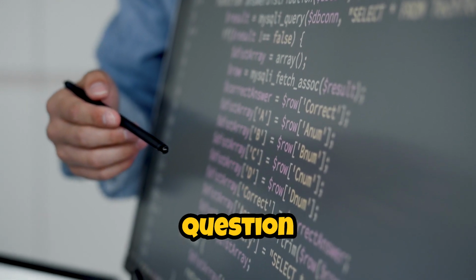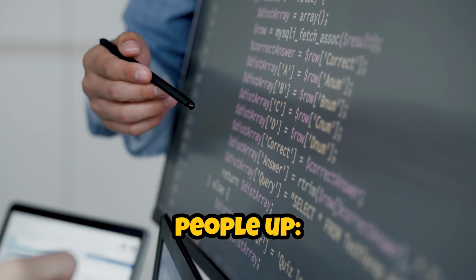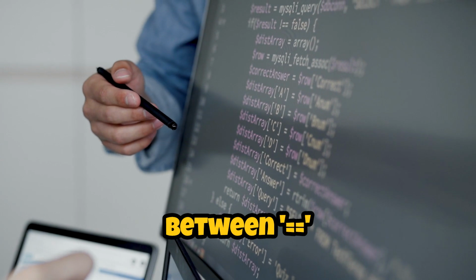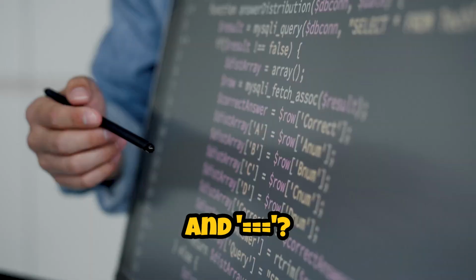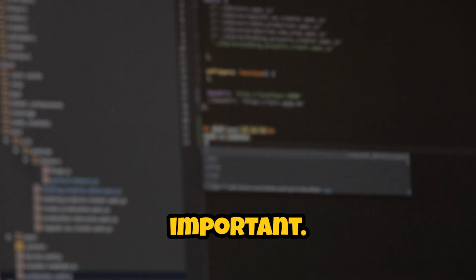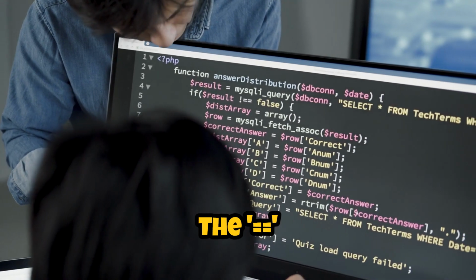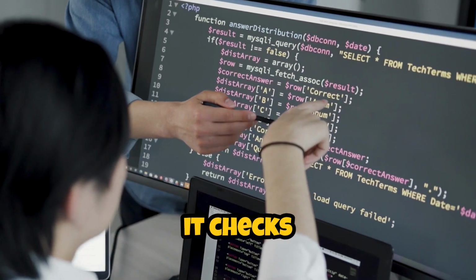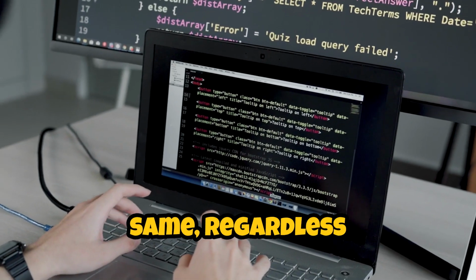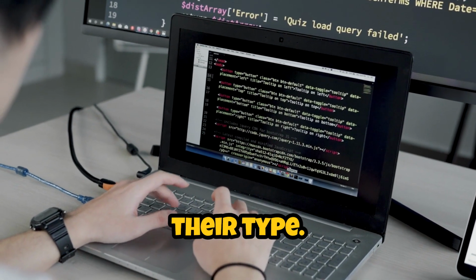Here's another question that often trips people up. What's the difference between == and ===? It's simple, yet so important. The == operator checks for value equality, meaning it checks if the values are the same, regardless of their type.